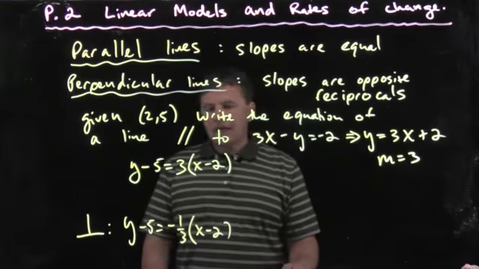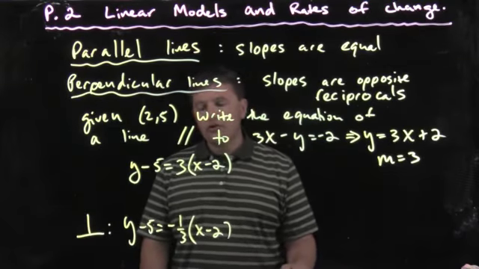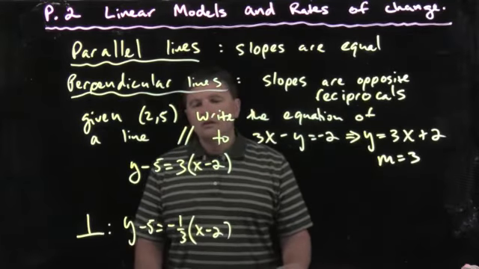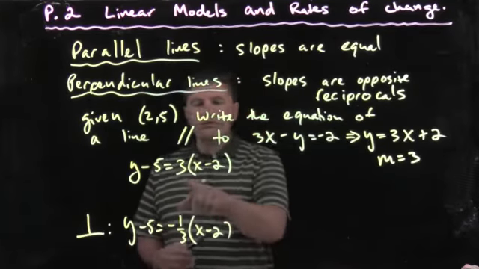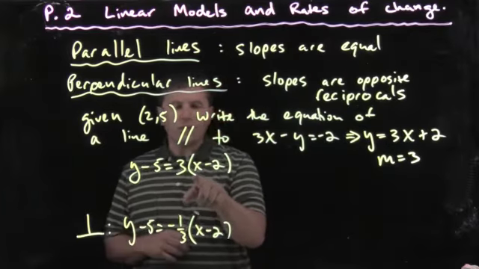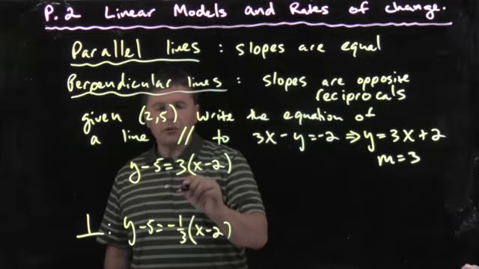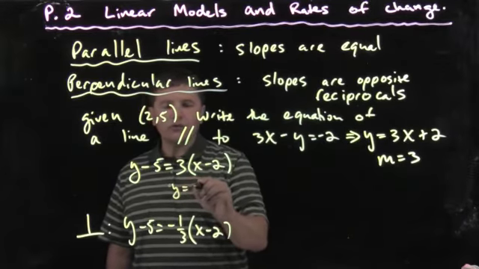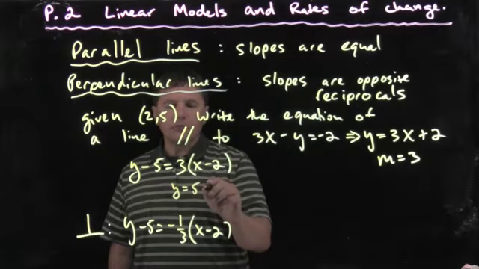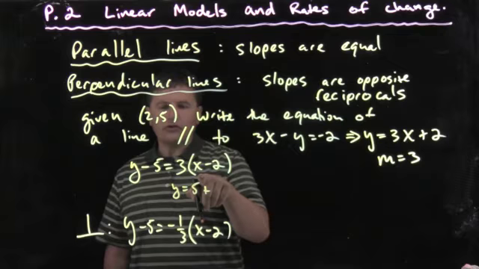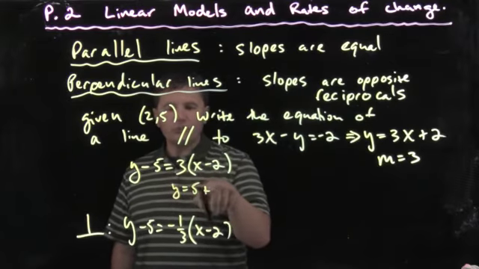But if they ask for slope intercept, or excuse me, slope intercept form, then we want to end up solving this. So slope intercept, once again, I'll do this the other way. So what I'm going to do is I'm just going to plug in 0. So if I want to find what my b is, y is equal to 5 plus, and I'm going to plug 0 in here, which will give me my y-intercept, excuse me.